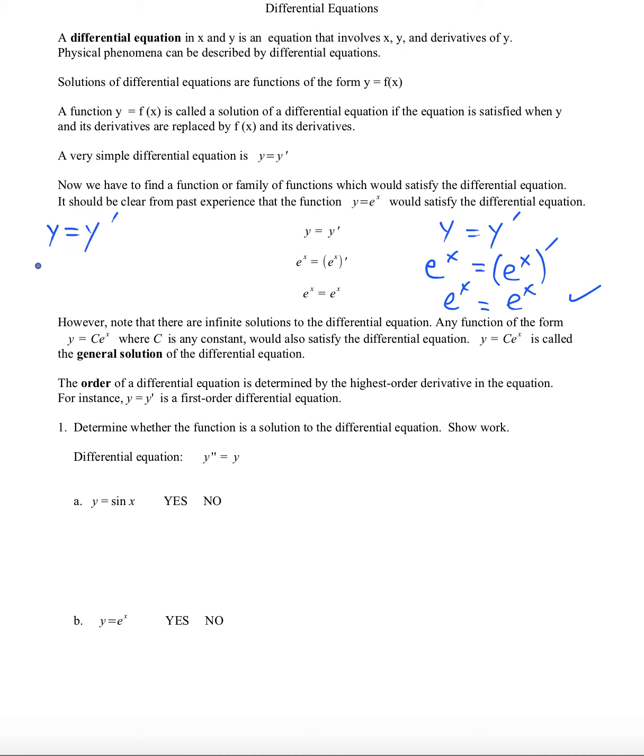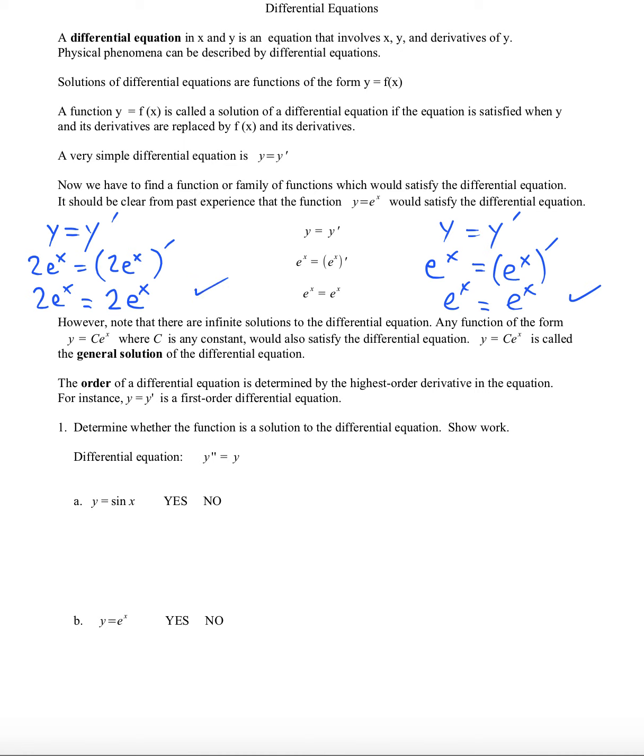Let's try 2e to the x. Now the constant out front can actually stay, and then the derivative of e to the x is itself. So actually 2e to the x checks too.